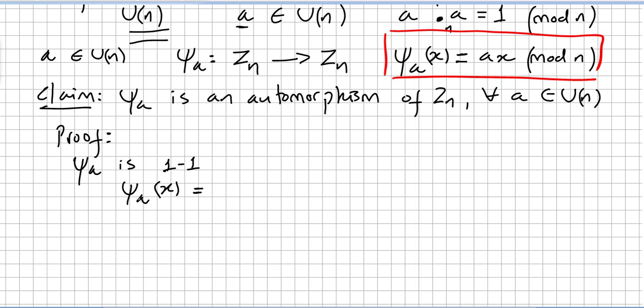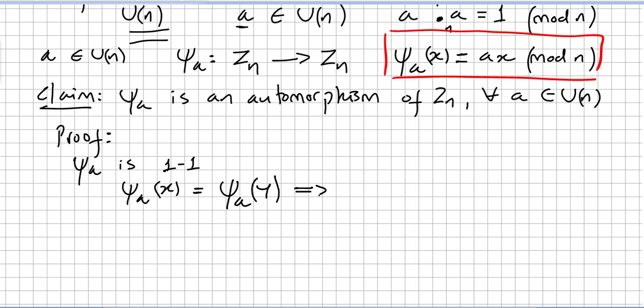If I have to pick two elements in order to show that it is 1 to 1, so if psi a of x equals psi a of y, where x and y are two different elements. I cannot change this, because psi of a is the mapping.